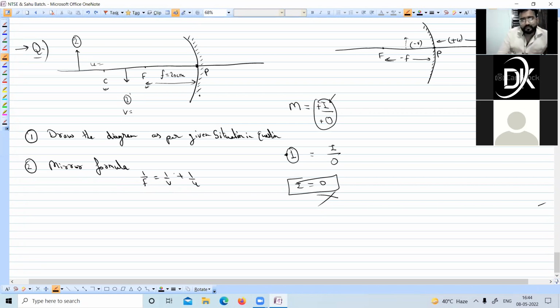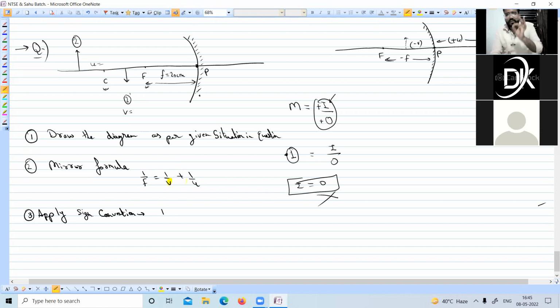After this step, the third step is to apply sign convention. You will use these steps in every question. When you apply the sign convention, whatever is unknown, you need to find it out. You very well know that v is unknown.